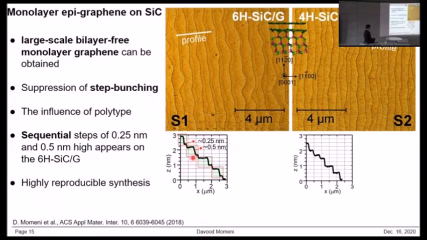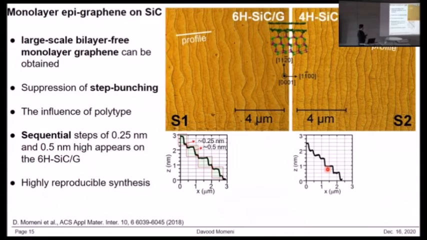However, if you look into the AFM profile of these two samples, made along these two white lines, you can see on the 6H sample the steps and terraces are arranged in a sequential manner of 0.25 and 0.5 nanometer, which is not the case in 4H.